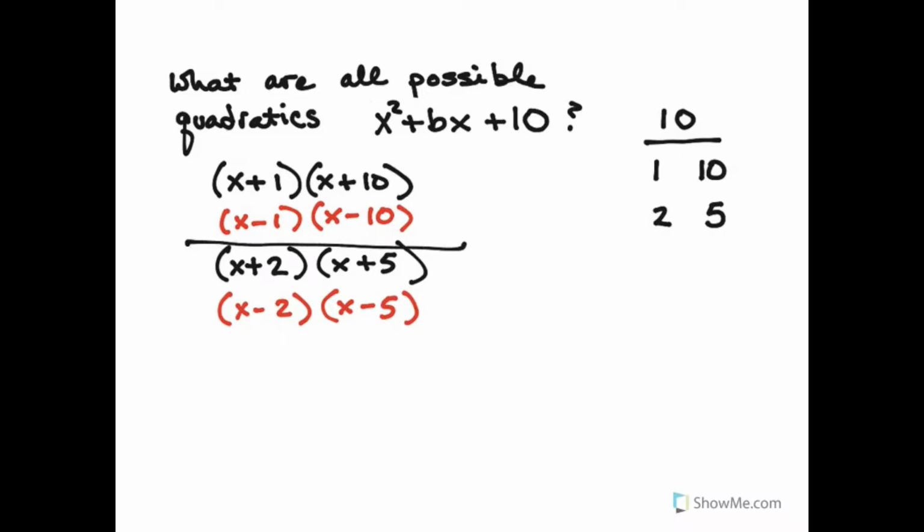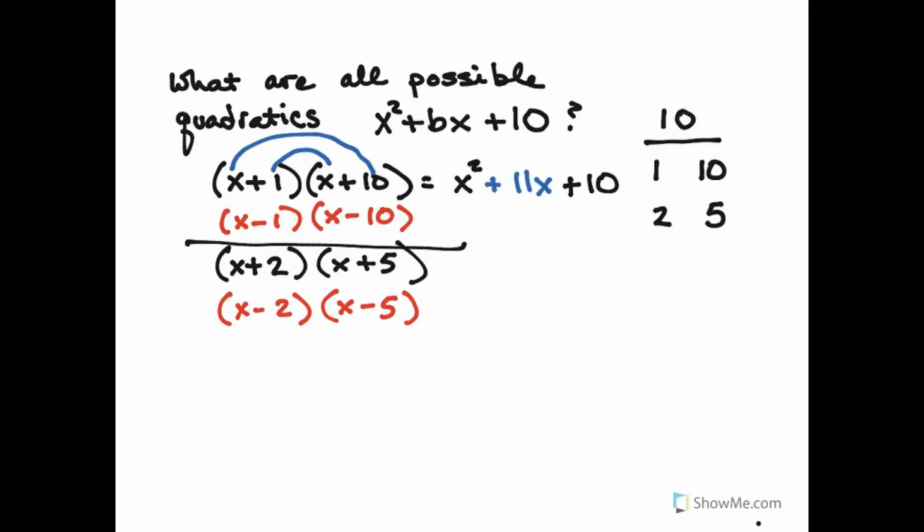If I multiply out x plus 1 times x plus 10, I get x squared at the beginning and plus 10 at the end, because that's what I was aiming for. In the middle term, we can do the little rainbow activity here. x times 1 is x, and x times 10 is 10x, so I have plus 11x.